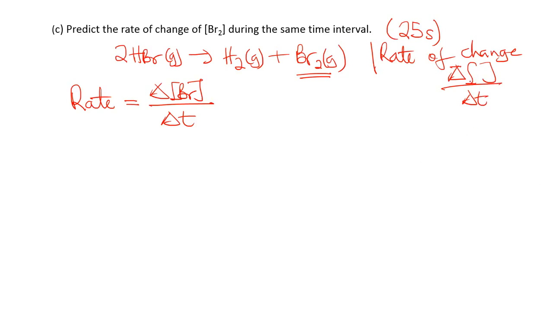So it's given as change in A over delta T. But we don't have coefficients here. We don't have half or something like that. So this is rate of change of something.